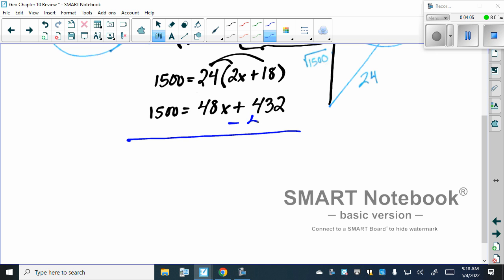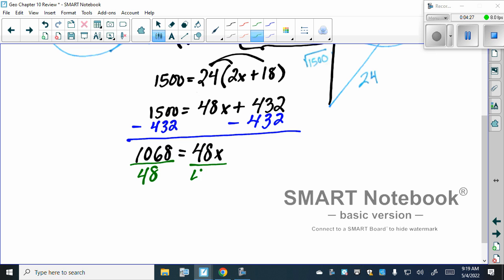Now we just need to solve for the value of x. So I can subtract 432 from both sides. 48x equals 1068. And last but not least, we would divide both sides by 48.